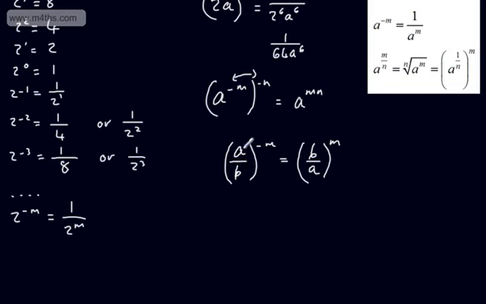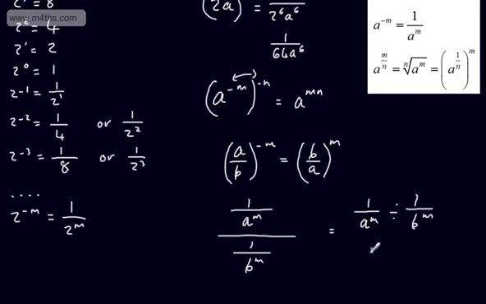If you consider what I've done here, I've got now a to the power of minus m, which is the same as 1 over a to the power of m, and I've divided that by b to the power of minus m, which is 1 over b to the power of m. Let's just write this out: we've got 1 over a to the m divided by 1 over b to the power of m.